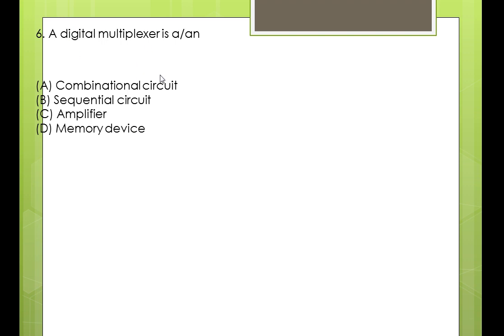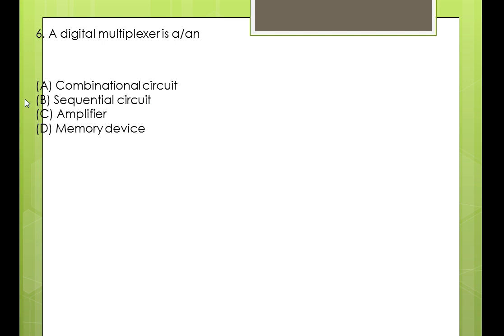So the digital multiplexer is which type of device? Is it combinational, sequential, amplifier or memory device? In a combinational circuit we are not having any memory or feedback. In a sequential circuit we are having feedback and some memory elements.